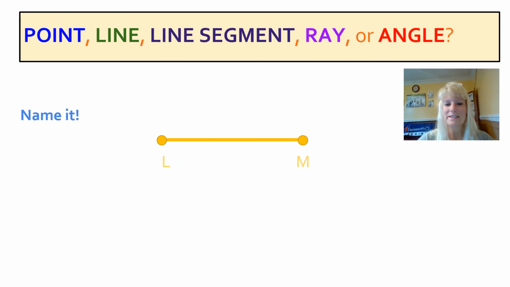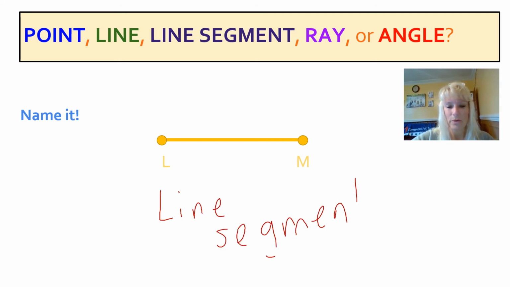All right, point, line segment, line, ray, or angle? If you chose a line segment, then you are correct, because you've got a stopper on each side, and that's just allowing us to connect. It's a piece of the line that we took out.